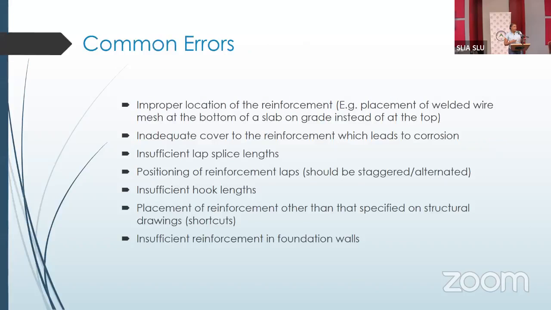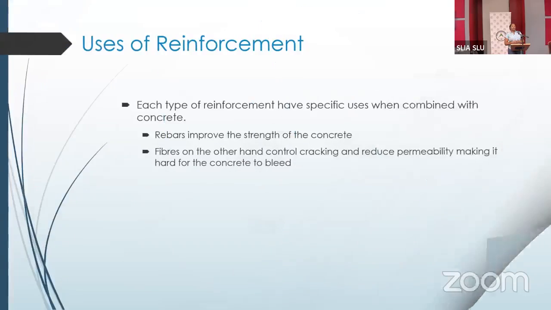The fibers are also used to control cracking, but they're also used to help reduce bleeding. It helps to make the concrete impermeable. One of the things that is important for concrete is that we must retain that moisture within the concrete.